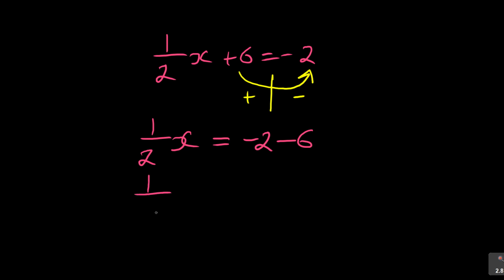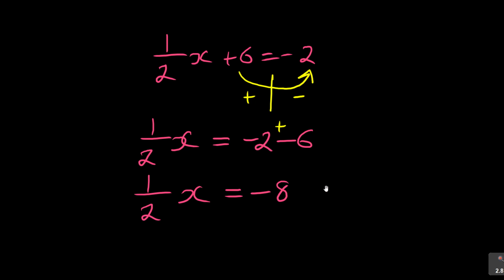So we've got 1 over 2x is equal to, take a calculator, but as I told you, how do you work this out? It's more like you're saying minus 2 plus minus 6. If both of them are negative, you add 2 plus 6 is 8, but keep the sign. So it's minus 8, but test with the calculator. Do it now. Go and test with the calculator.